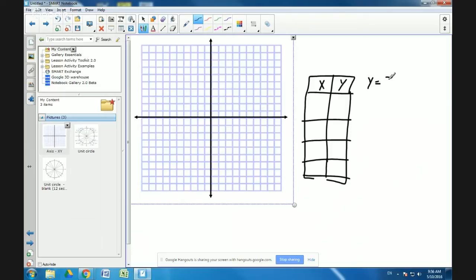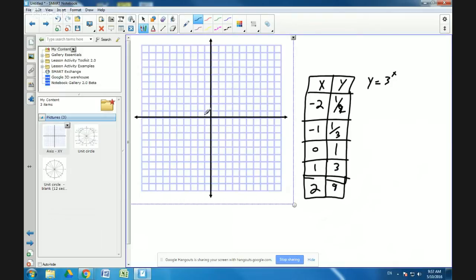So what values you should have in here are 1/9 for -2, 1/3 for -1, 1 for 0, 3 for 1, and 9 for 2.